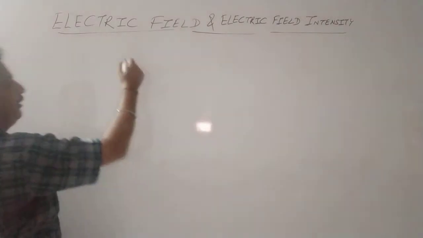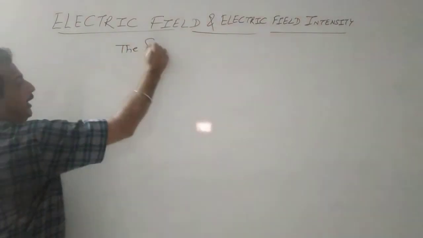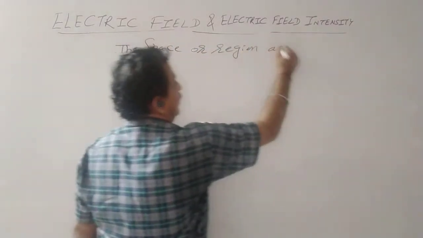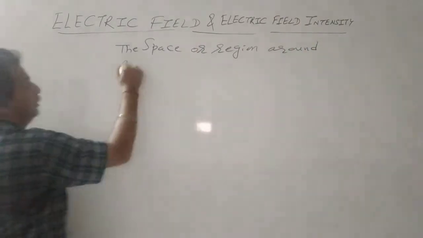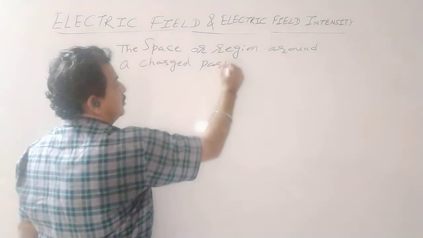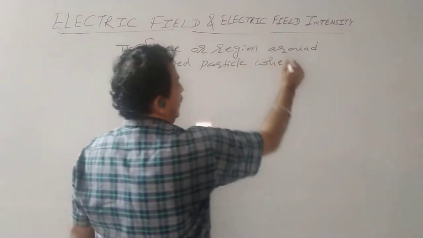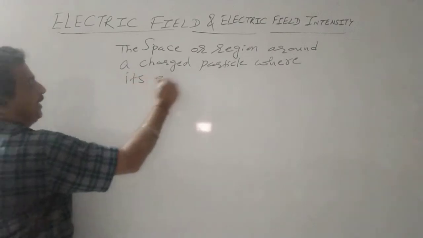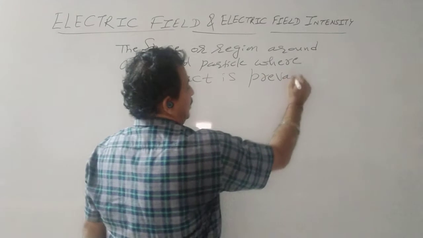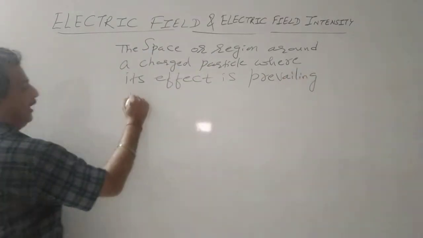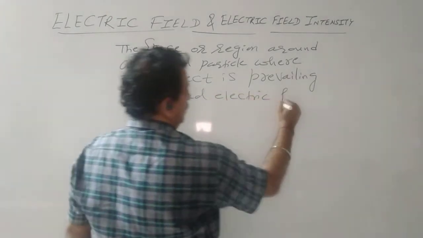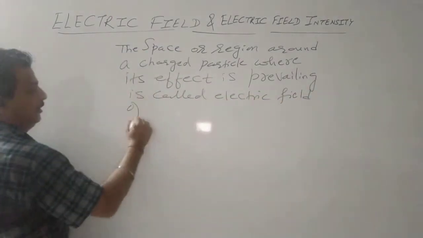So I am writing the definition. The space or region around a charged particle, where its effect is prevailing, is called the electric field of that charge.